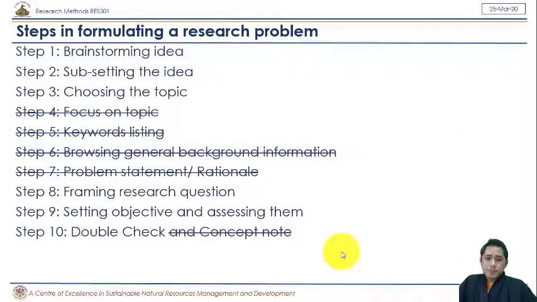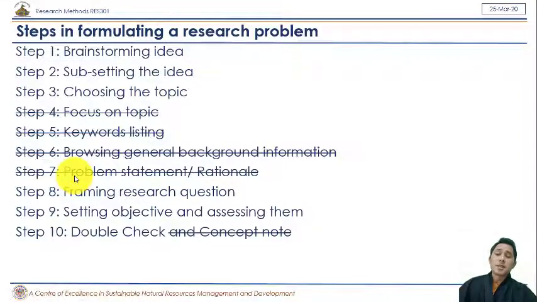So yes, let's get back to formulating research problems. Like I said, we're going to delete around 3 to 4 topics, and just keep around 7 topics. So we're going to delete focus on your topic, keyword listing, browsing general information, and problem statement or rationale.